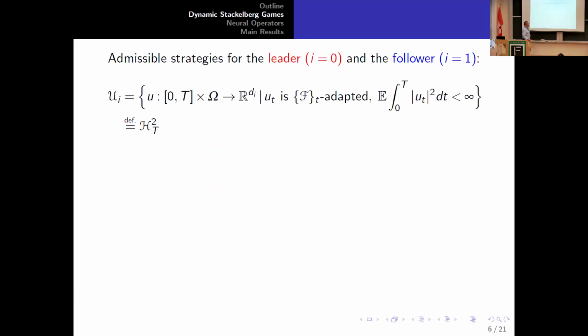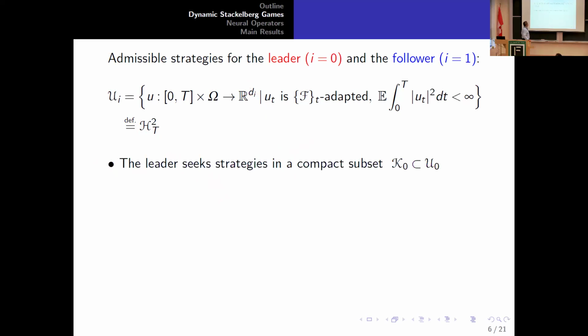Here we give the admissible strategies, that is, the whole strategy space that the players can take. They just take square integrable processes. We denote them by U0 and U1 because they may have different dimensions, but they are square integrable, so we denote them by H2.